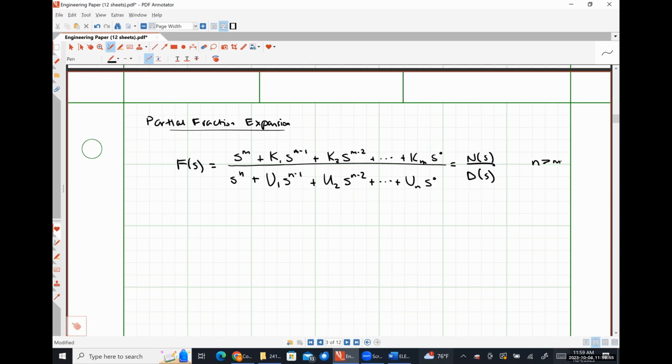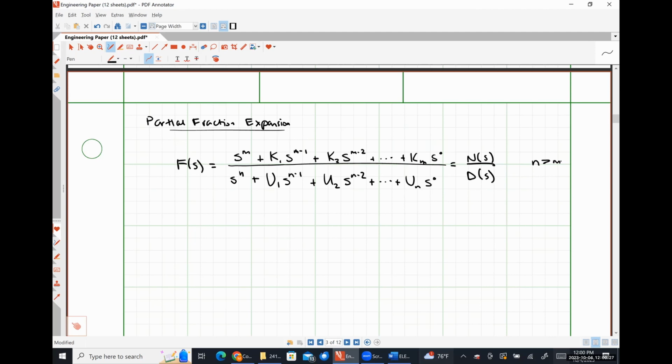Meaning that the order of the denominator needs to be larger than the order of the numerator. Okay? If that isn't the case, we have to start by doing synthetic division in order to get a polynomial of this form, which is a pain on top of an additional pain. So I'm not going to make you guys have to do that, but that's how you would take that into account, right? So not going to make you do synthetic division or anything like that.